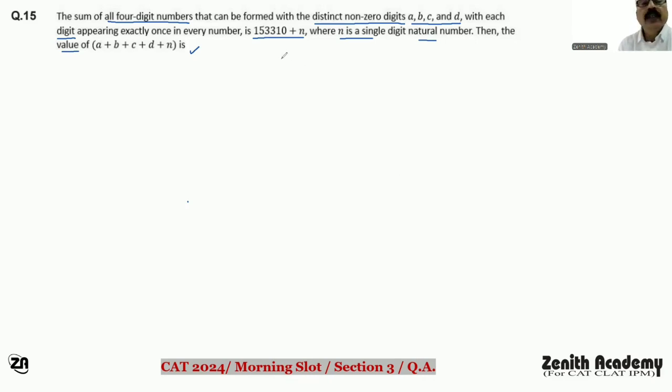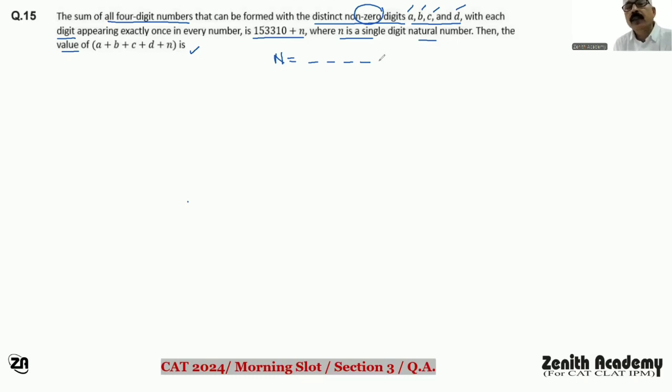So here, actually, it is a number of 4 digits, and this number is formed by using digits A, B, C, and D. A, B, C, D are non-zero digits. And in each number, repetition of a digit is not allowed; each digit appears exactly once in every number, right?